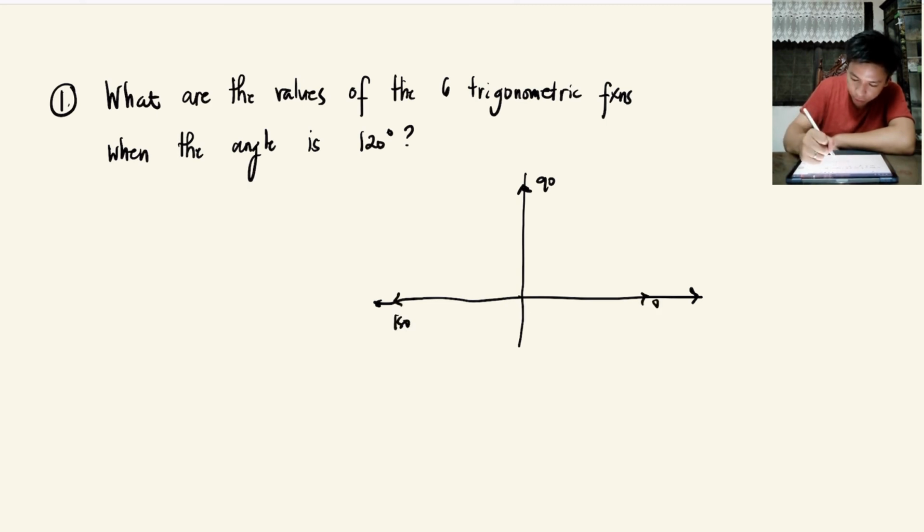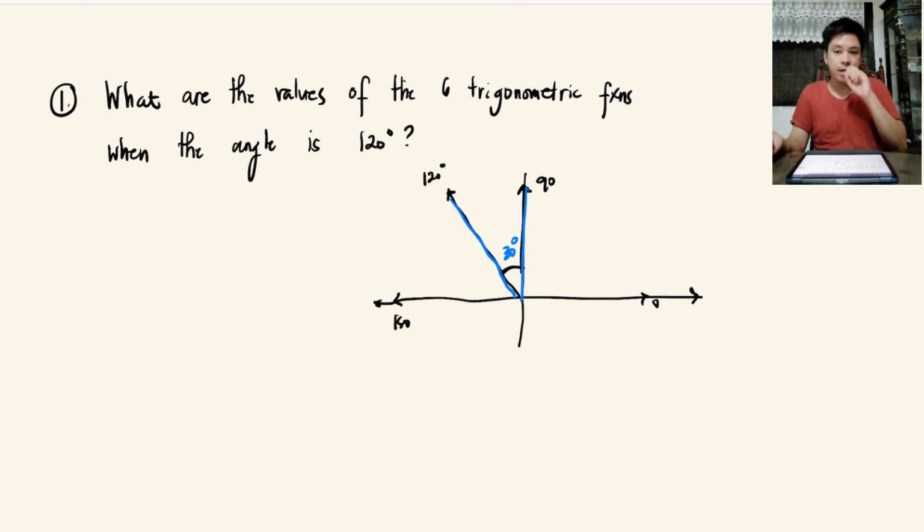So that means to say that this is our 120 degrees. So the angle in between this line here and this line here is 30 degrees. Okay, is it possible to solve for the value of the 6 trigonometric functions? Well, the involvement of 30 degrees in between the 120 and the 90 degrees is actually enough information for us to be able to say yes.